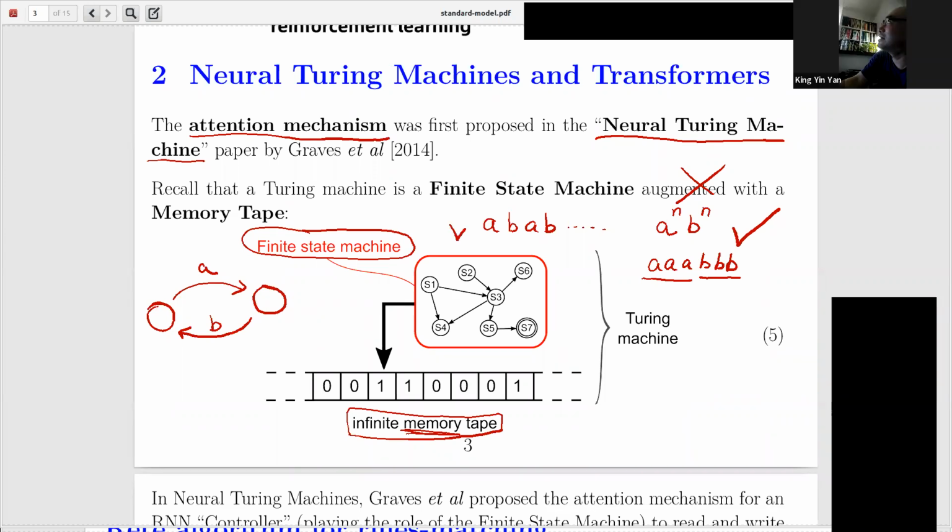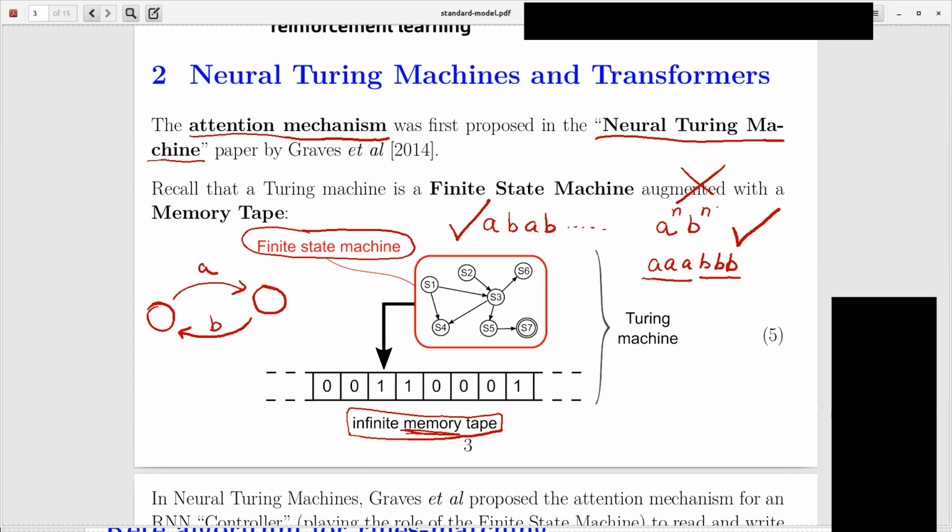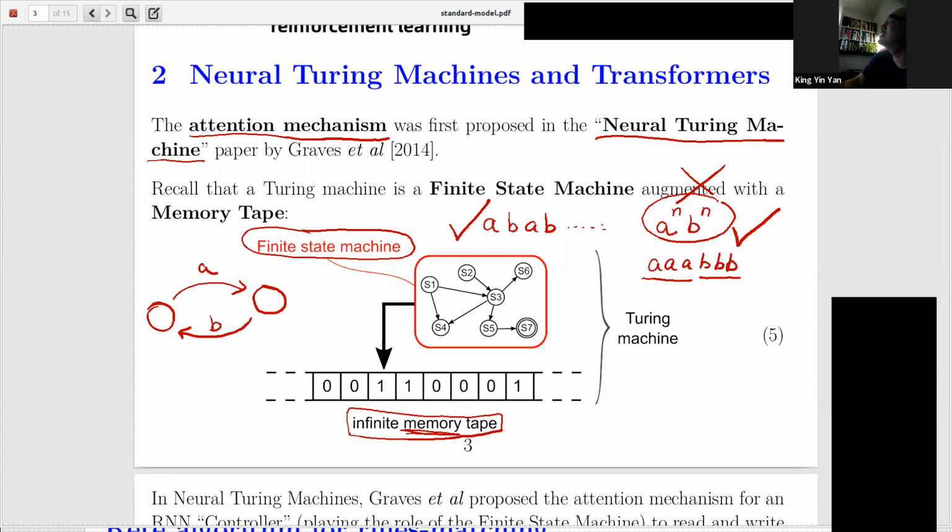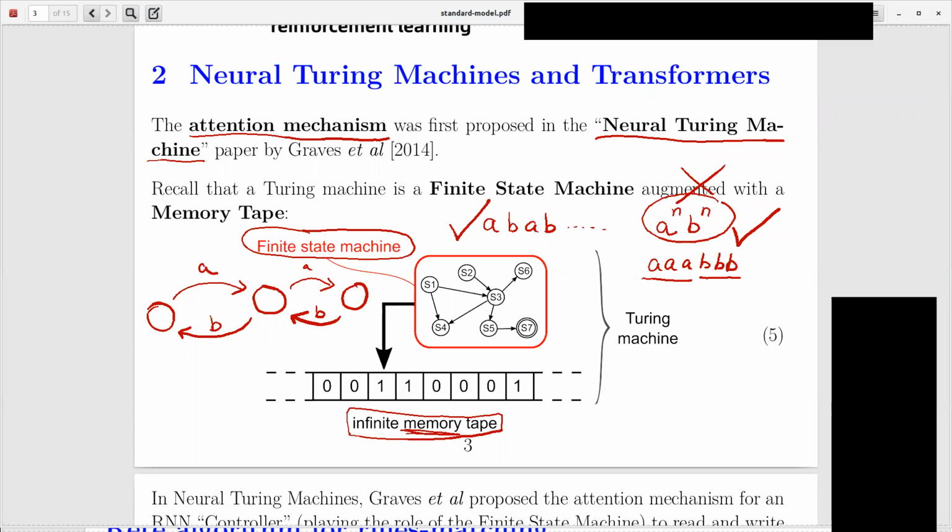So it can recognize this one, right? But it cannot recognize this one because it doesn't know how to count the number of A's. For example, it can handle AB, or ABB, but it cannot count an arbitrary number N. It cannot do this. So that's why. Got it. Yeah, can you continue?